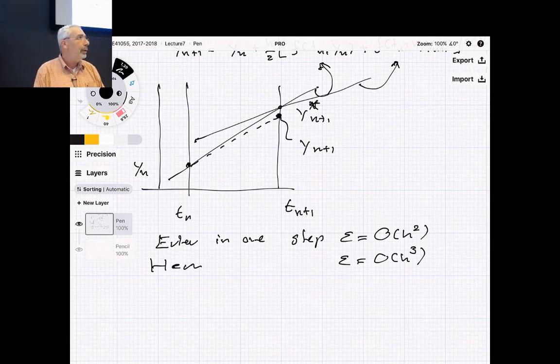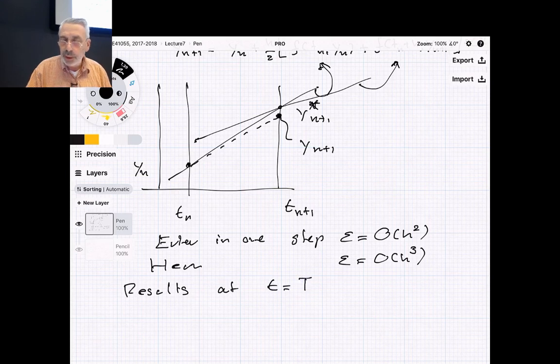Actually I'm not so interested in this local truncation error. I'm more interested in the error which we have after a finite interval. Because you get the task to integrate your system and you say, well, after 1 hour, what are the results? So you want a final time, the results at t is some capital T, at some final endpoint.